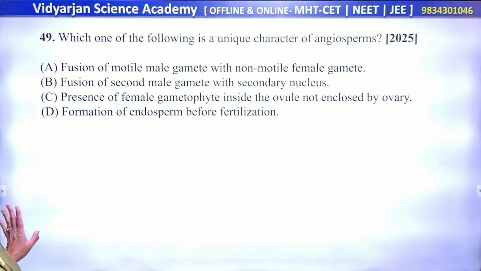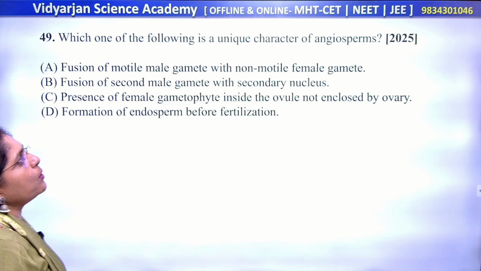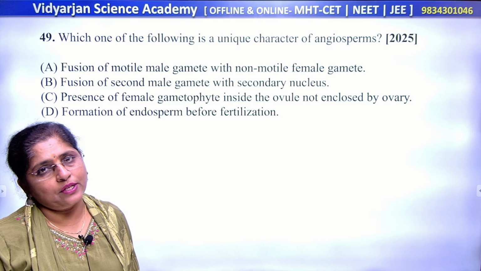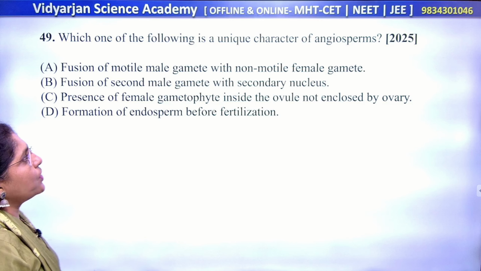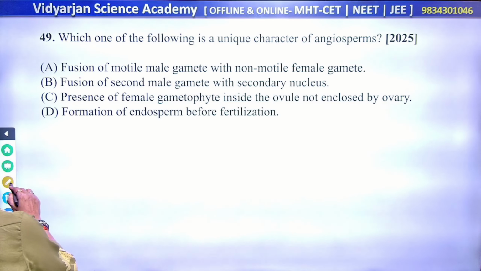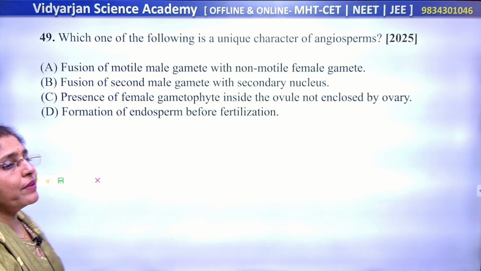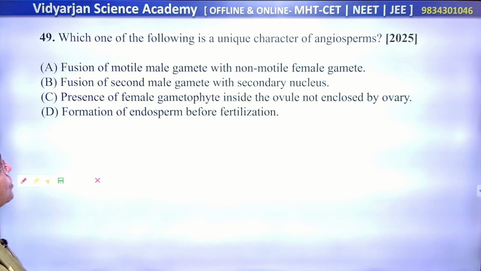Now, which is the next one? Question number 49. Which one of the following is the unique character of angiosperms? Read the statements here. Statement 1 is fusion of motile male gamete with non-motile female gamete.